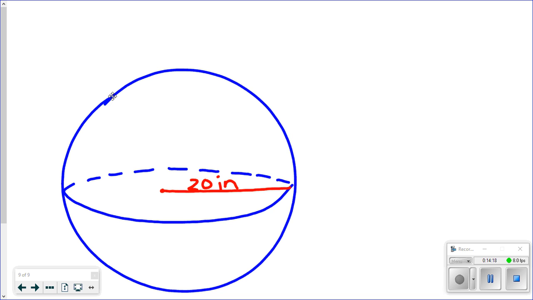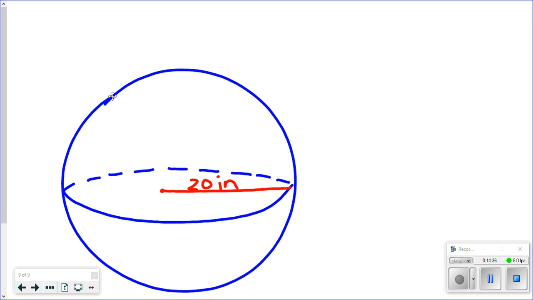It's pretty big. I feel like this would be on like a statue because a 20-inch radius is huge. It's like 20-inch radius.